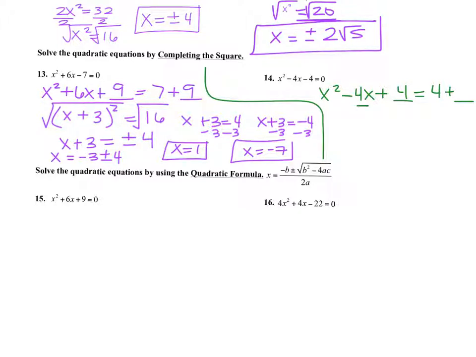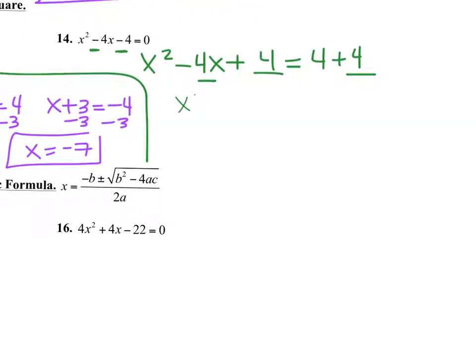No, because they're both minuses. It does kind of look like it would be, but because these are both minus, when you FOILed it, it wouldn't work out. But that's a good observation, something you definitely want to look for, right? So if we add 4, we get x squared minus 4x plus 4 equals 8.